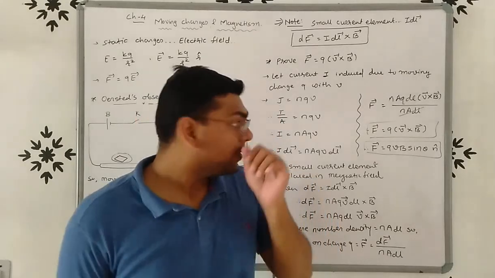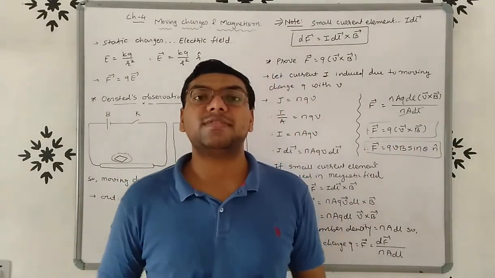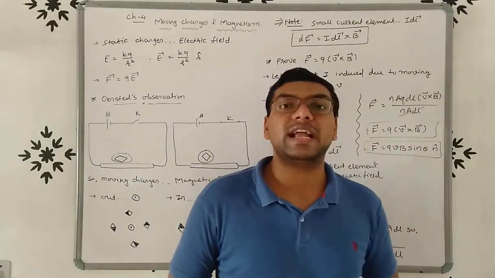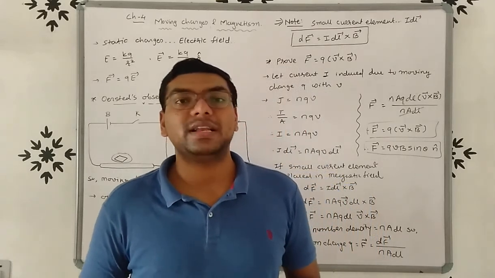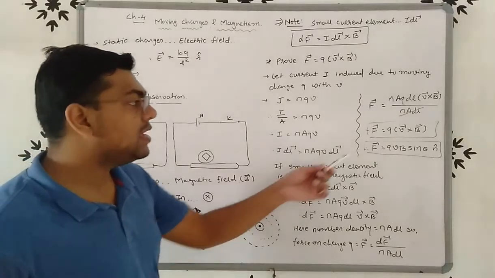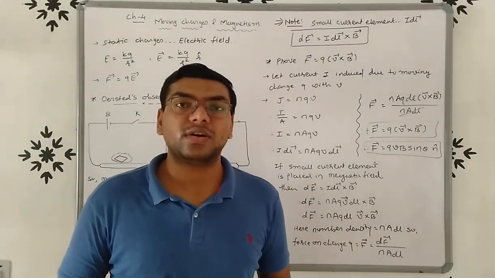But if the angle between V and B is 270, then force will be negative, because sin 270, or sin 3 pi by 2, is minus 1. So these are the different features of this formula F is equal to Q into V cross B.